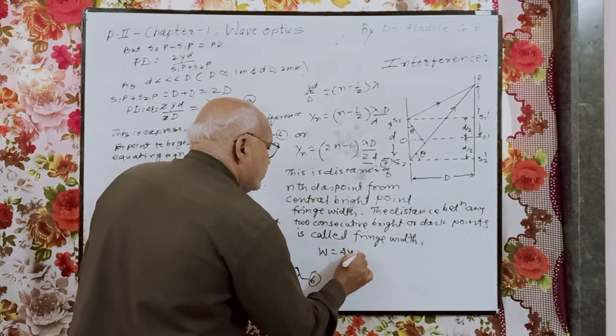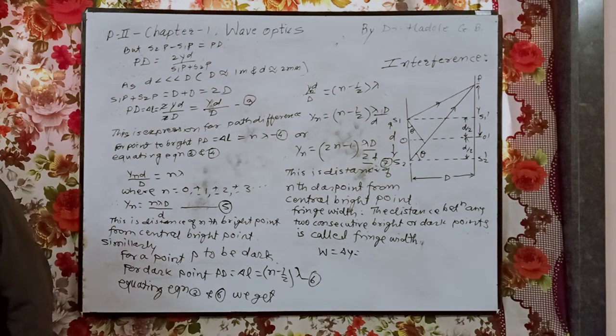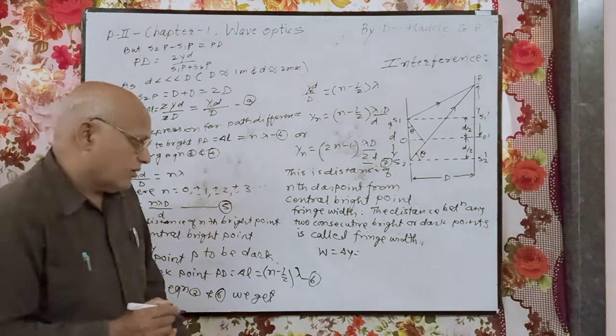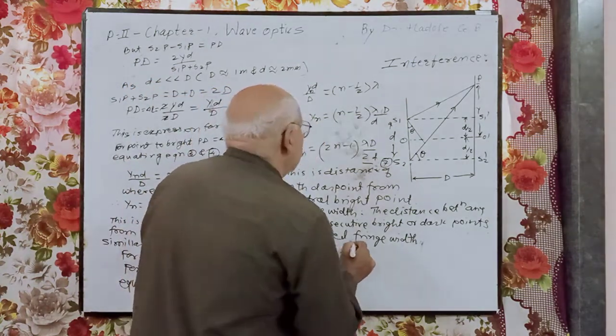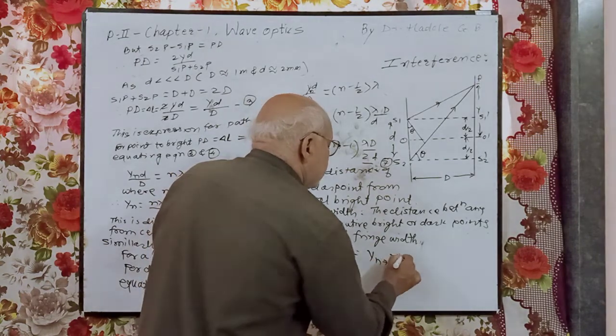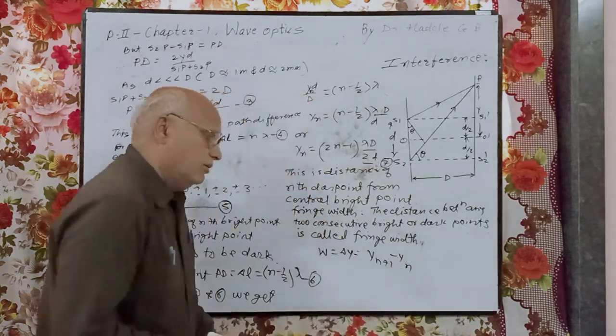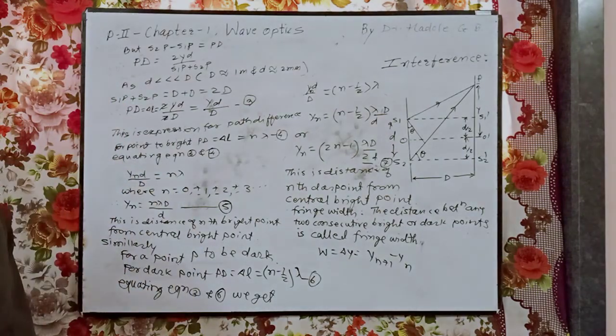delta Y, that is equal to Yn plus 1 minus Yn for dark or bright.